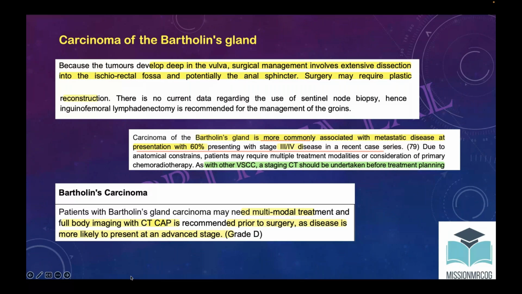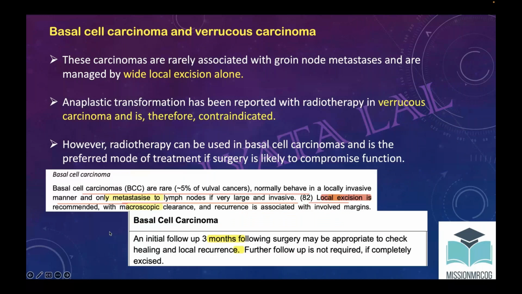Now, basal cell carcinoma and verrucous carcinoma, both of them are treated by wide local excision only. And in this, lymphadenectomy is not done. In verrucous carcinoma, anaplastic transformation has been reported with radiotherapy.